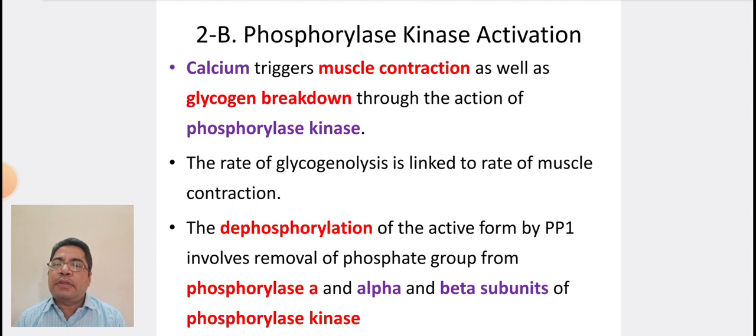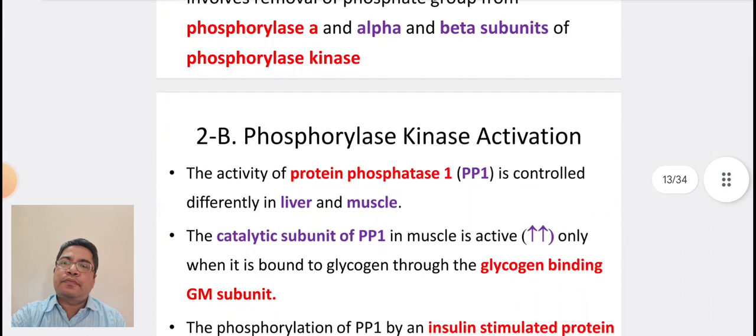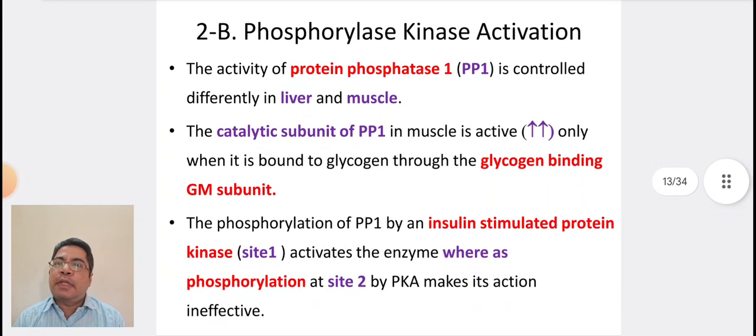The dephosphorylation by the active form of protein phosphatase 1 involves removal of phosphate groups from phosphorylase a and the alpha and beta subunits of phosphorylase kinase. The activity of protein phosphatase 1 is controlled differently in liver and muscle.